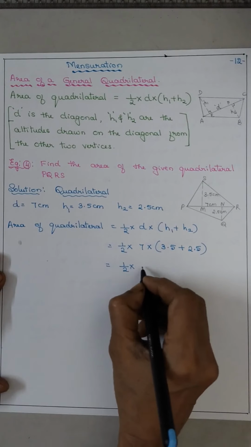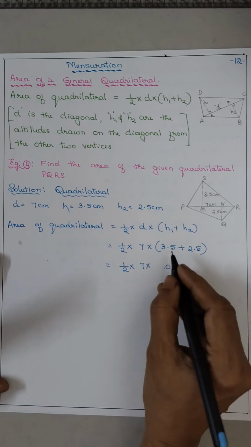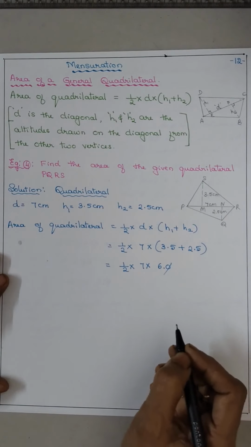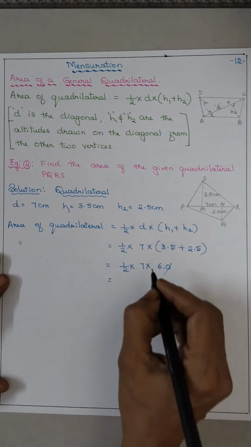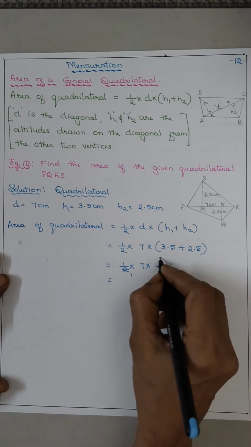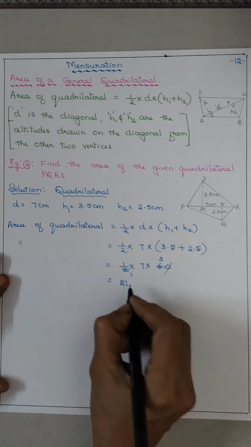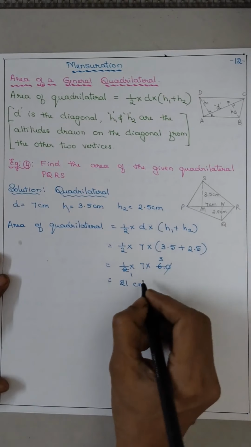Half into 7 into 6. Cancel this 0. After the decimal, if 0 remains, it has no value. 2 ones are 2, 2 threes are 6, 3 sevens are 21. Area is in centimeter square.